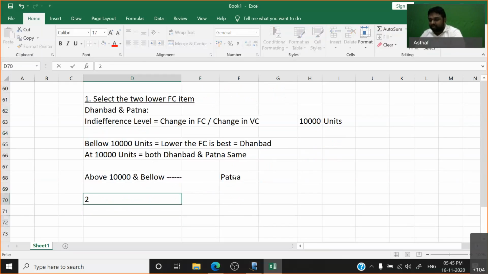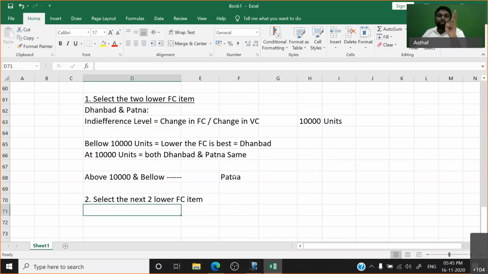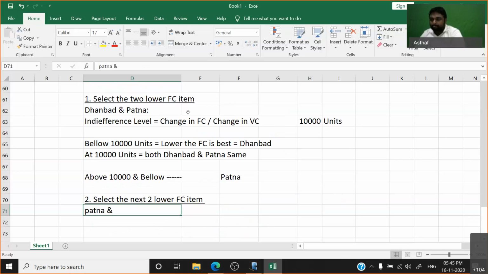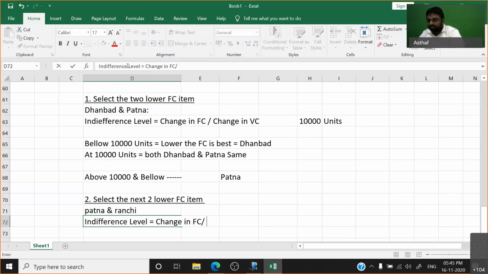So the next principle is what? Select the next two lower fixed cost items, because in this method you cannot approach two at a time. So the next two items are Patna and Ranchi. So what will come? The indifference level, with the same equation: change in fixed cost divided by change in variable cost.